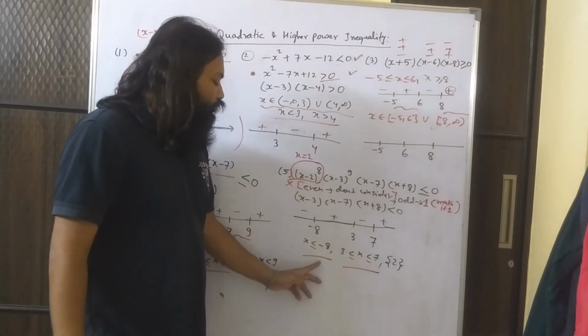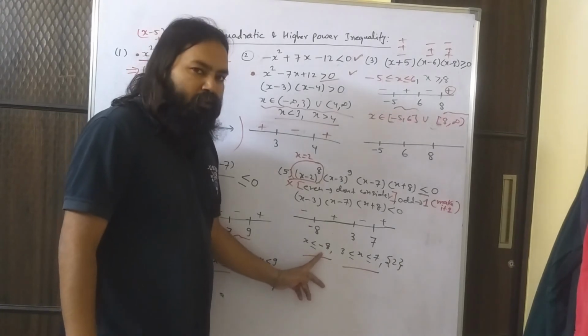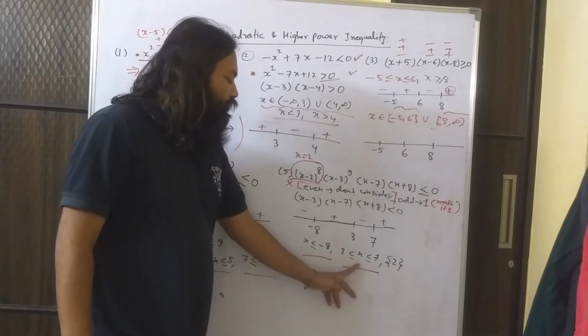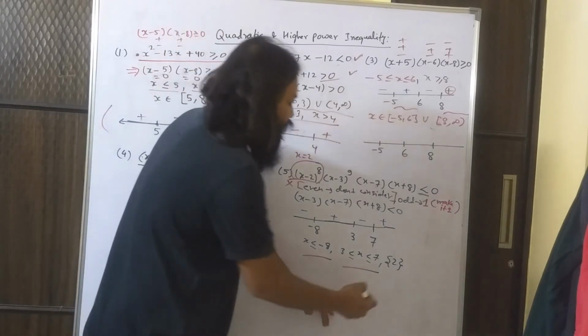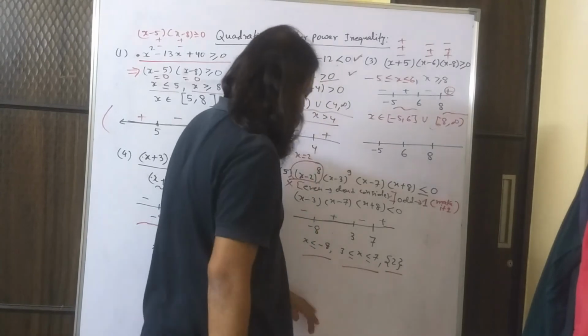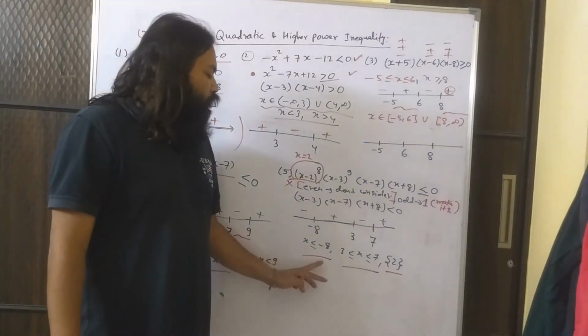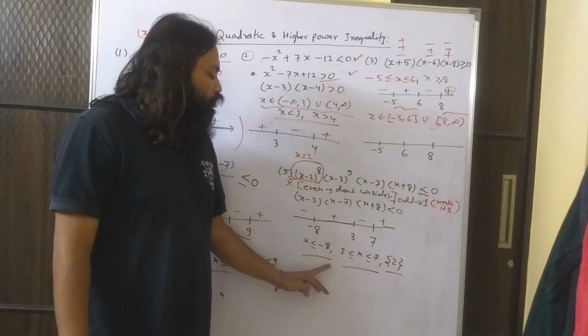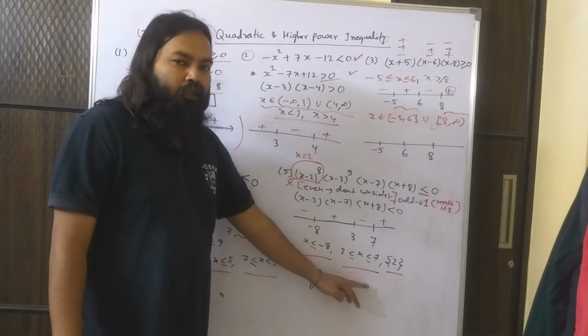But if I see my solution range, x is less than equal to minus 8, so 2 is not part of this. And x is between 3 and 7, 3 and 7 included, so 2 is not part of this. So I have to add extra 2. Okay, 2 I have to add. So in this case, 2 is not part of the solution range, but I should say that 2 also will satisfy, so I should keep 2 in the solution.